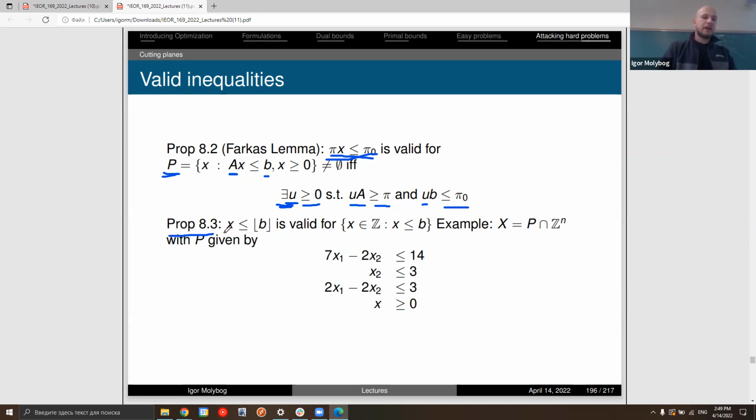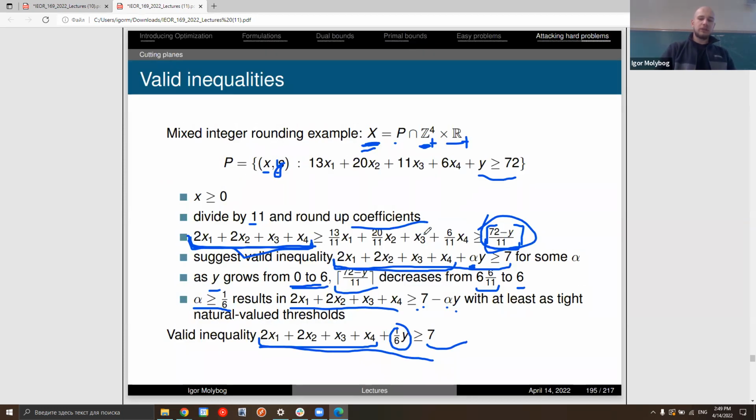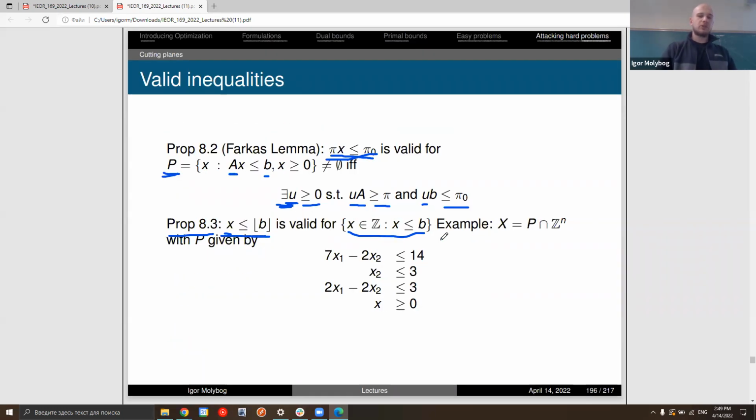It says that x is less than or equal to the floor of B. This inequality is valid for this set of x going into integer numbers such that x is less than or equal to B. Basically, this is something that we have already used. It's just now written as a proposition.